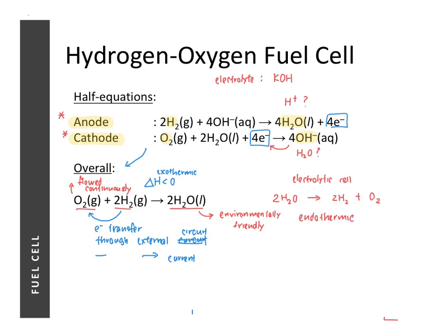But do bear in mind one point, that water is also a greenhouse gas. So the presence of water vapor in the air can actually trap the infrared radiation, leading to the greenhouse effect.